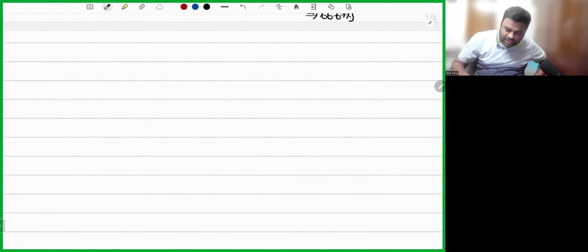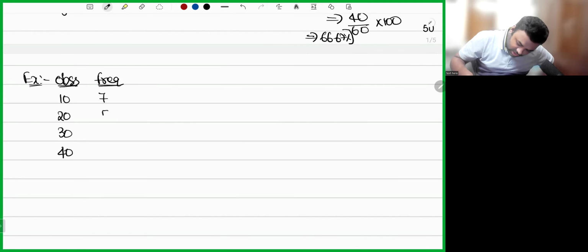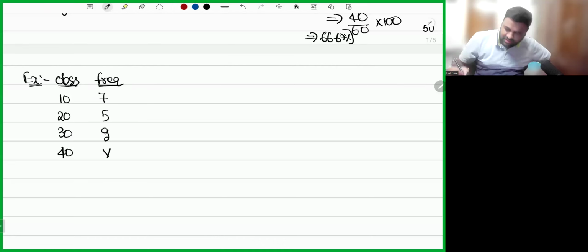Now let's take discrete data and continuous data. Example. Observations you have, frequency you have. Observations are 10, 20, 30, 40. Frequencies are 7, 5, G, V, K. Now what is the range? Same.